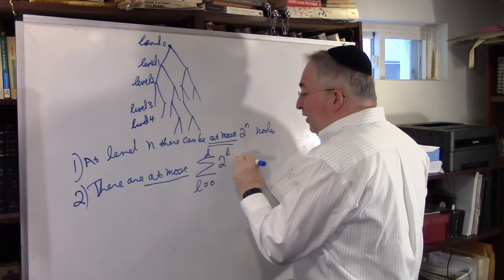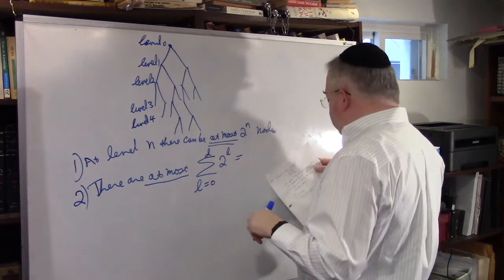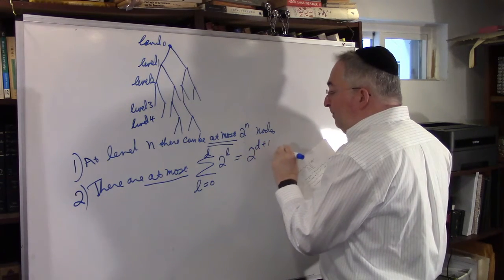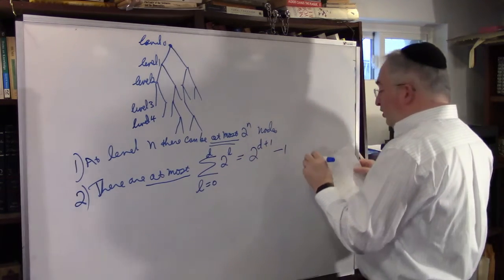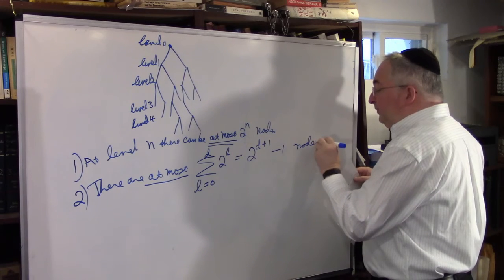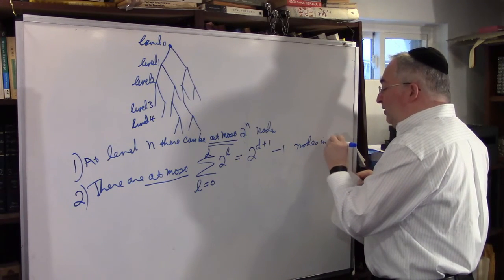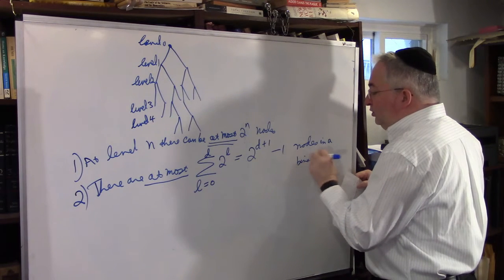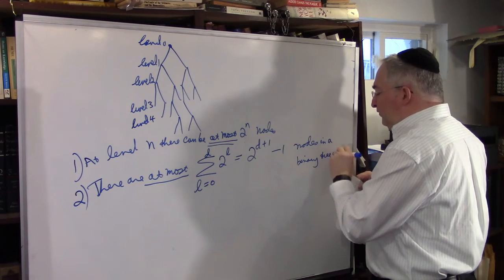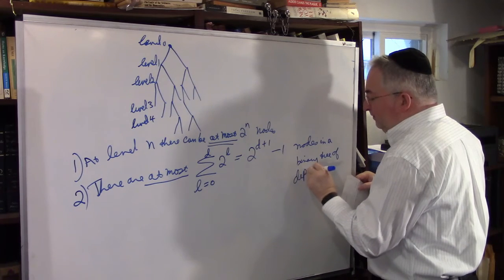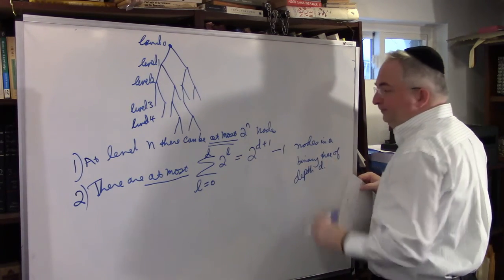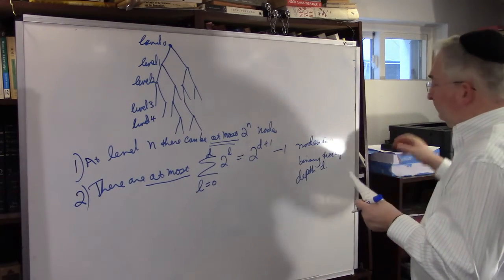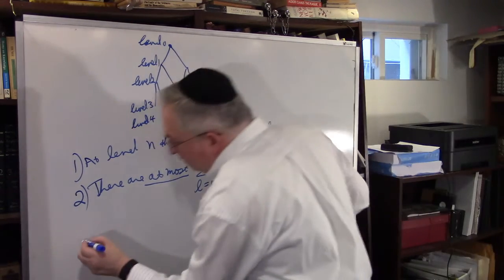Okay. Now, we just saw a formula for this. This becomes 2 to the d plus 1 minus 1 nodes in a binary tree of depth d.